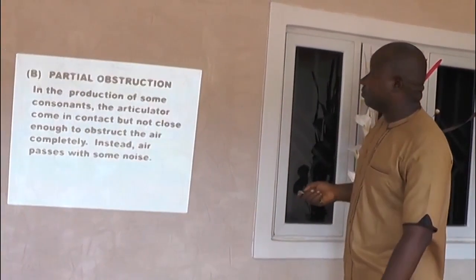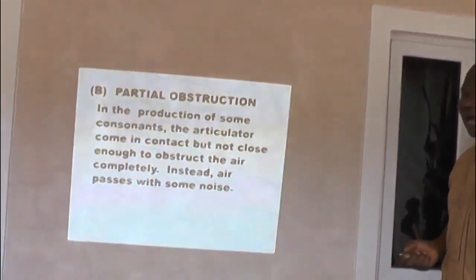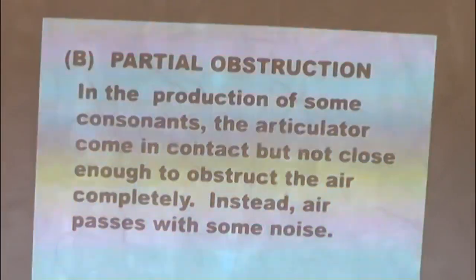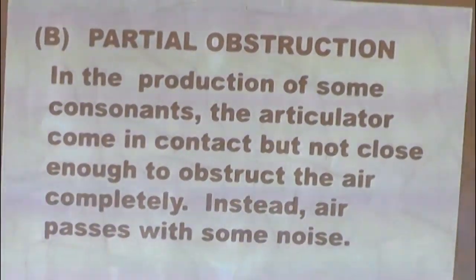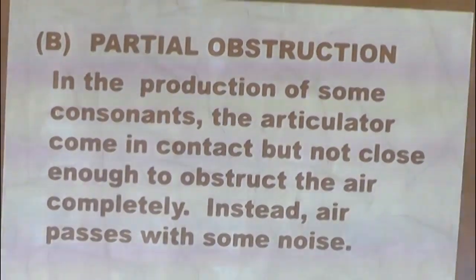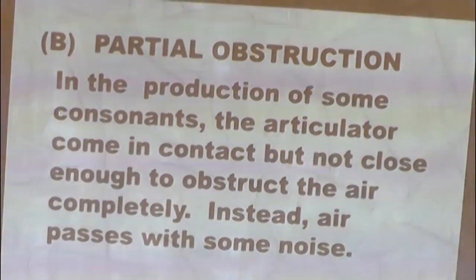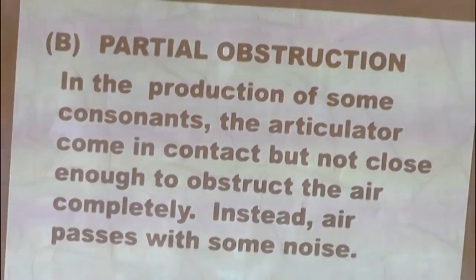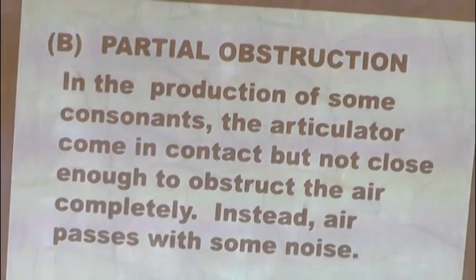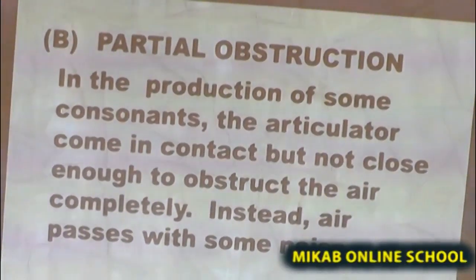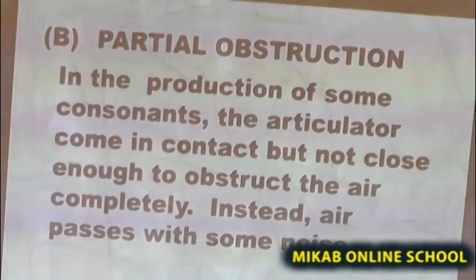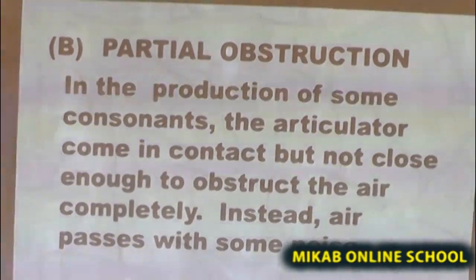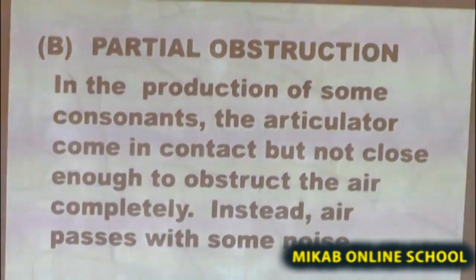So let's see the second segment. I told you that consonant sounds have two basic divisions: the one with total obstruction and the second one with partial obstruction. In the production of some consonants, the articulators come in contact, but this time around it's not a close contact like the former ones.